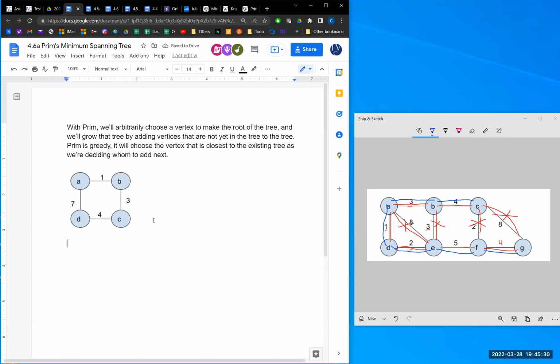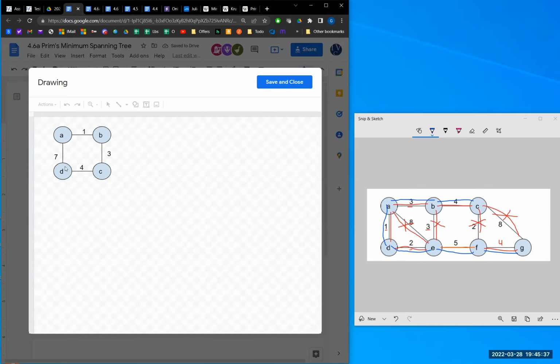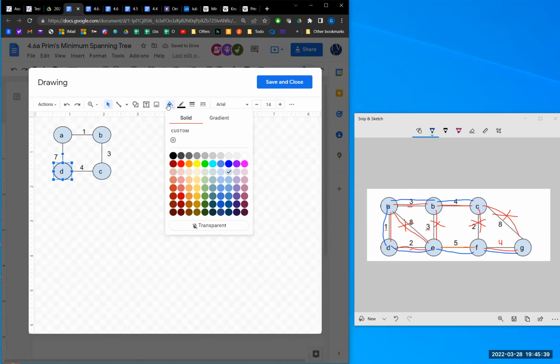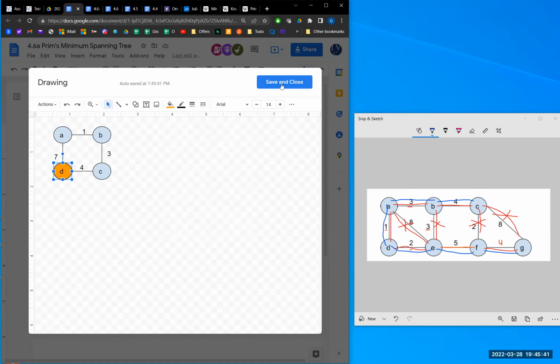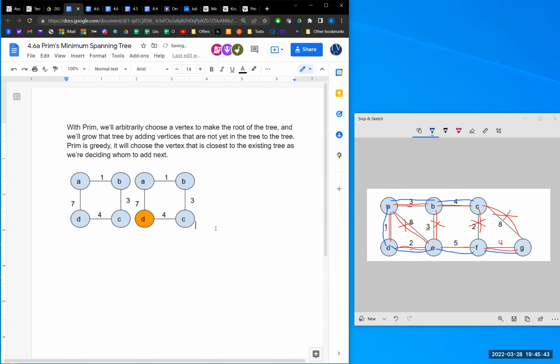So we'll just go ahead and say we're going to start with D. Then bring D in, so D is our starting vertex.